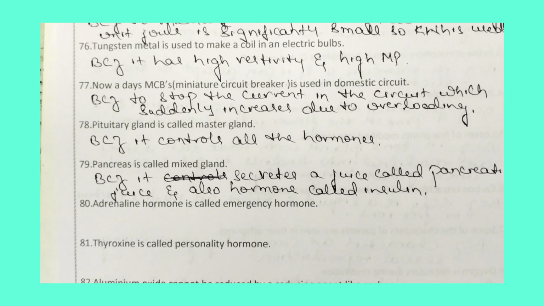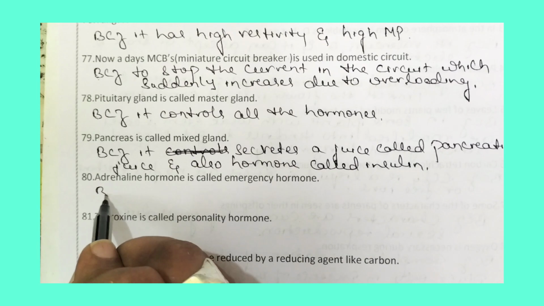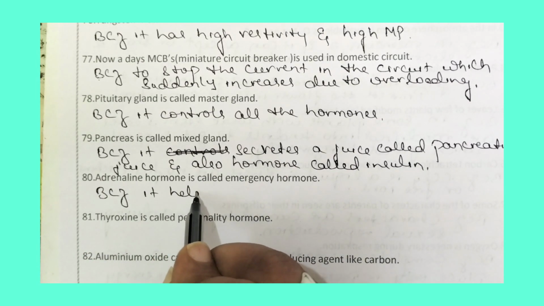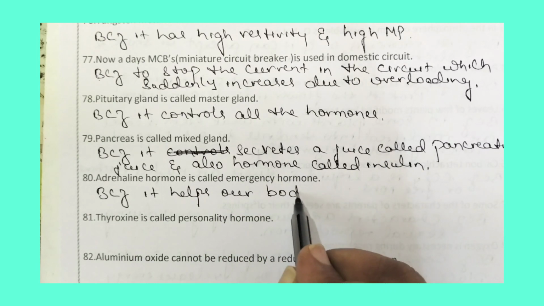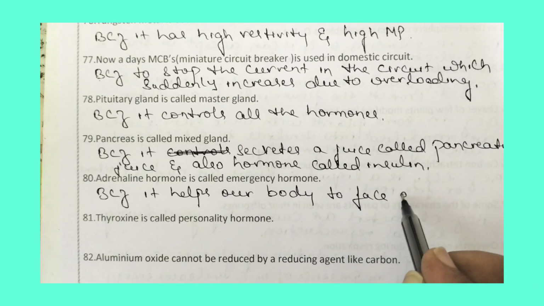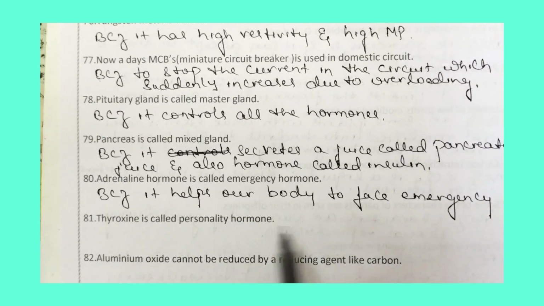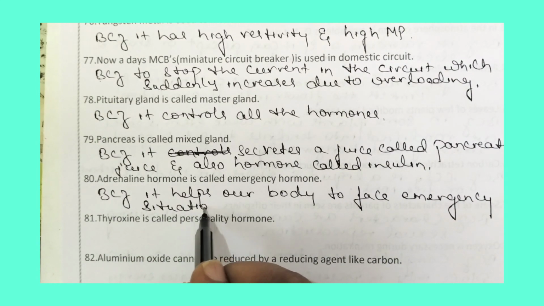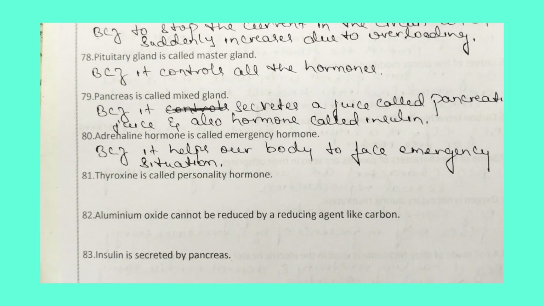Next, 80th, adrenaline hormone is called the emergency hormone because it helps our body to face emergency situations. Next, question number 81.